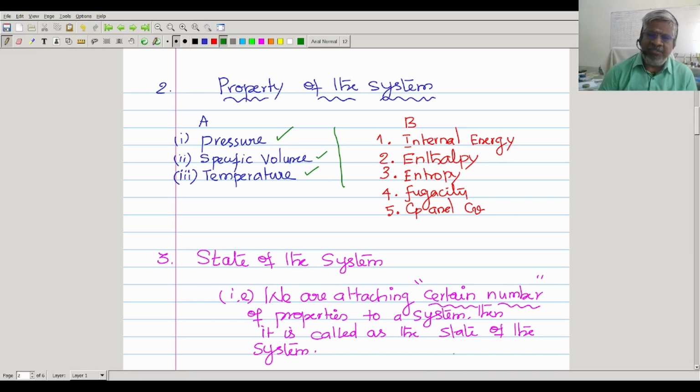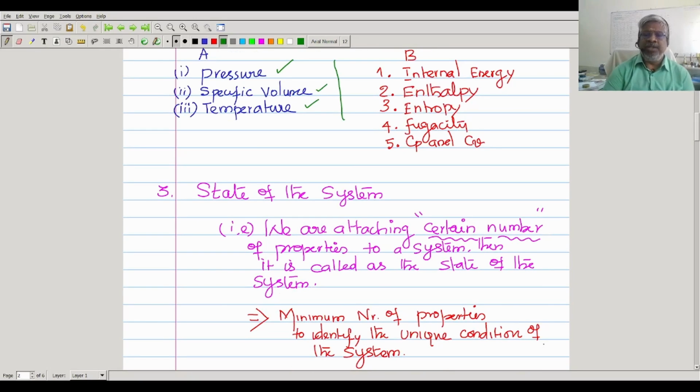I'll just draw the figure for you to understand clearly. So, this is, say, 10 bar pressure. Similarly, I have another 10 bar pressure. Can you say both A and B are the same in all other aspects? All other properties are also going to be the same?